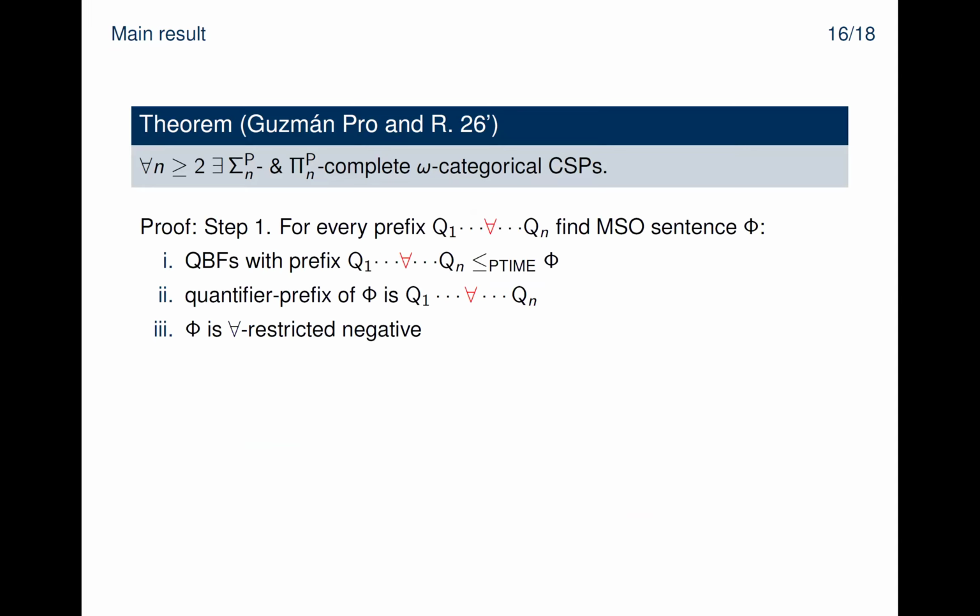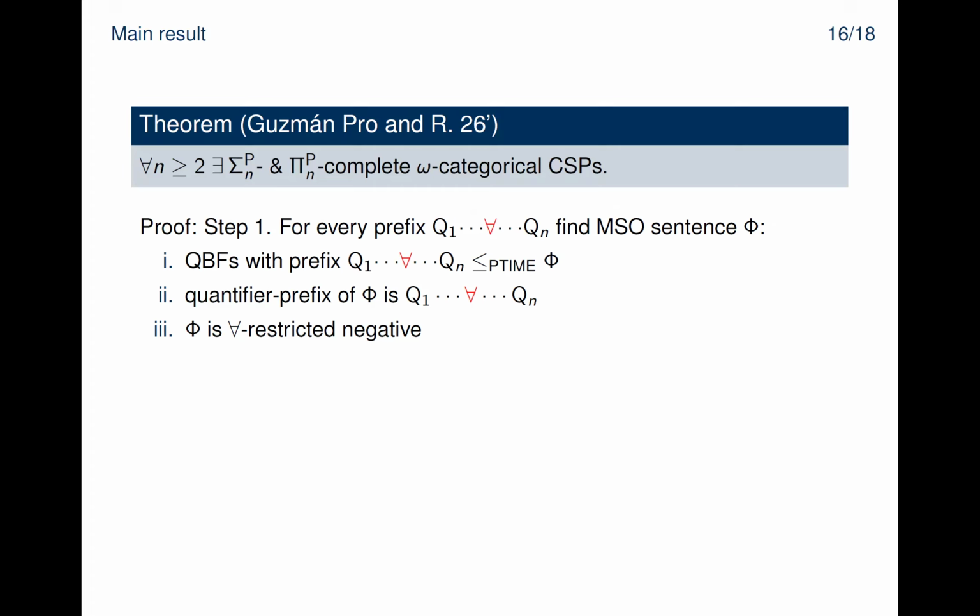We prove it simply by starting with some complete problems for these levels of the polynomial hierarchy, and these problems will be the satisfiability of quantified Boolean formulas with a particular prefix.